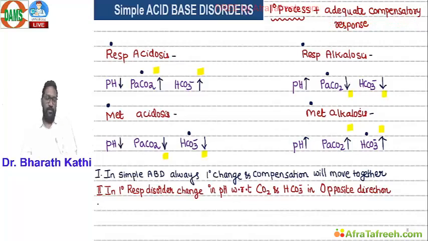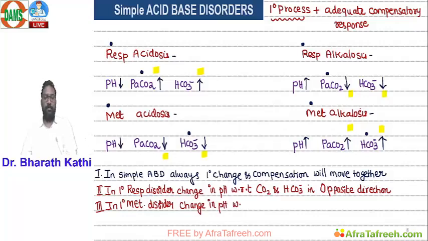If it is a primary metabolic disorder, change in pH with respect to CO2 and bicarbonate is in the same direction.